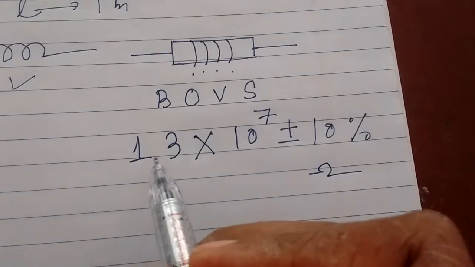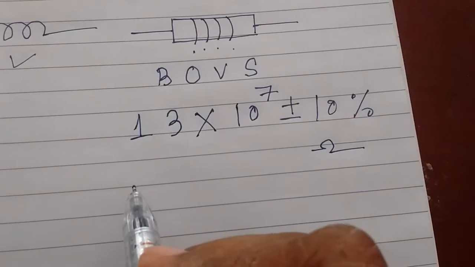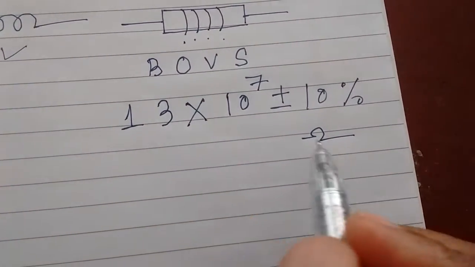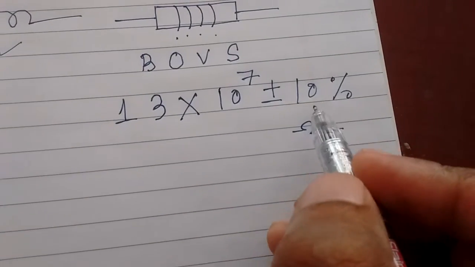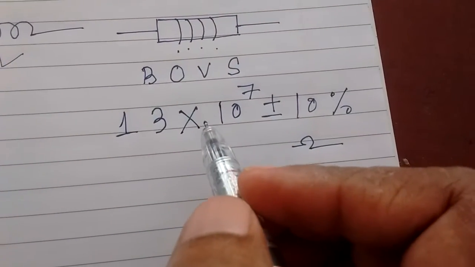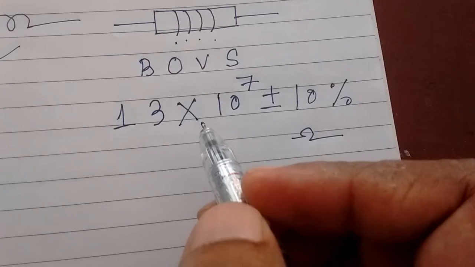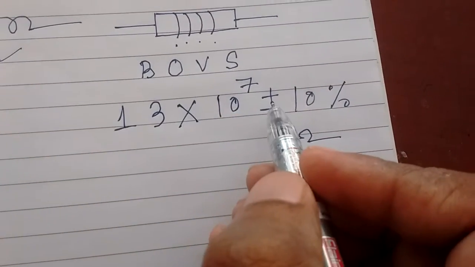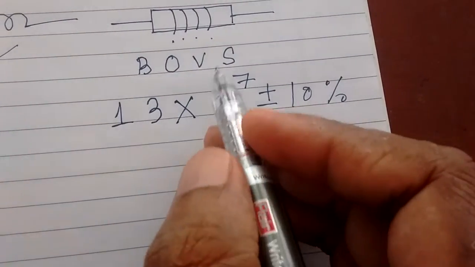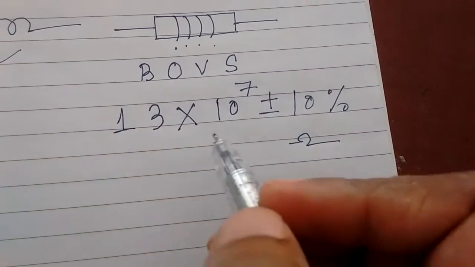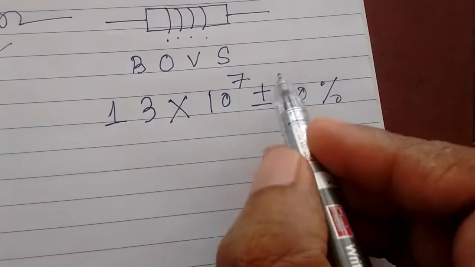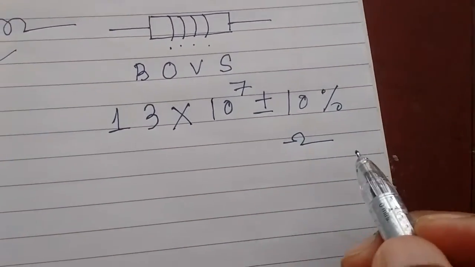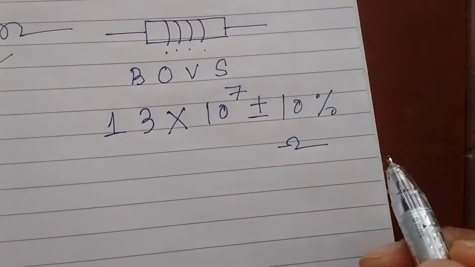Actual value of the resistor is 13 into 10 to the power 7 ohm. This is actual value. 10% means because of temperature variation, it can vary either plus or minus. It can increase or decrease at a maximum of 10%. That's why it is called tolerance level.